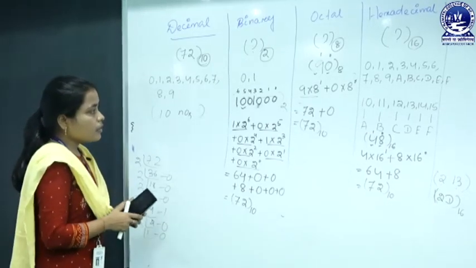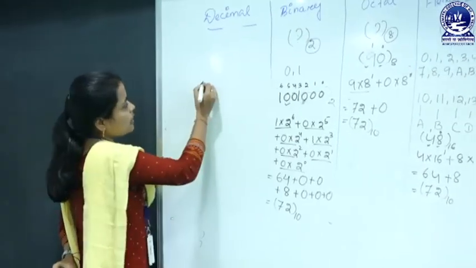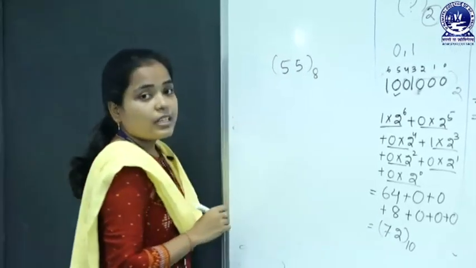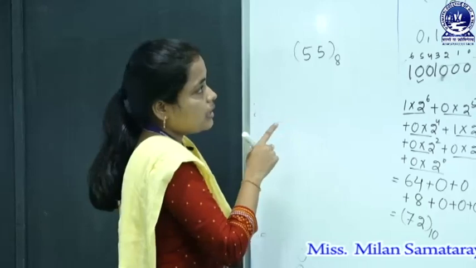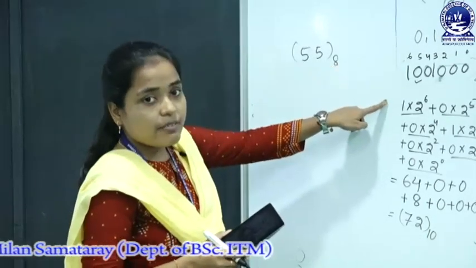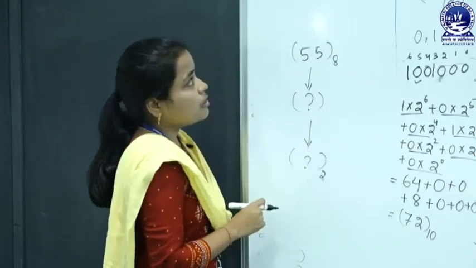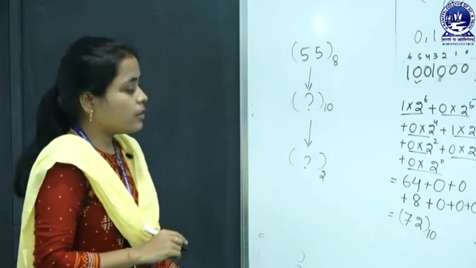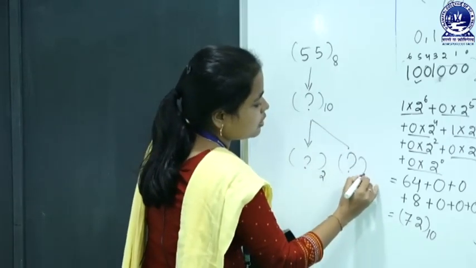Okay. So, let us take an example. Suppose there is another value, 55, an octal value. If we want to convert it into its binary value, then first we have to convert it into its decimal value, then from the decimal value you can convert it either to binary or to hexadecimal.